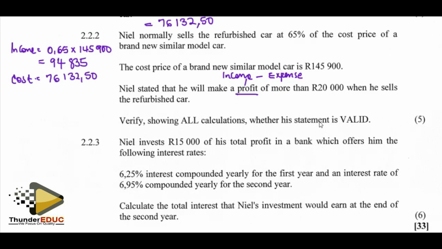So we are going to subtract the two. Subtract the two values. So the value that they get is 18,000.